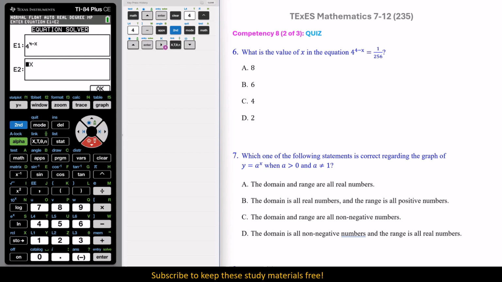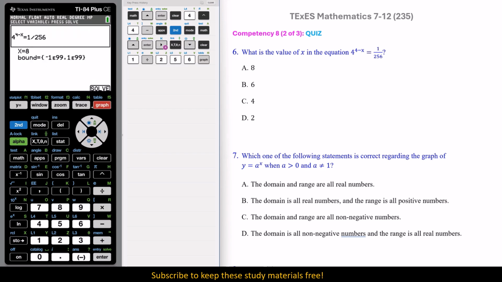Now arrow down, clear out, and this will be the right side of our function, which is just 1 divided by 256. Now we push OK, which is the graph button. We may have to push it twice. So graph, and it's there already. And the value is 8.